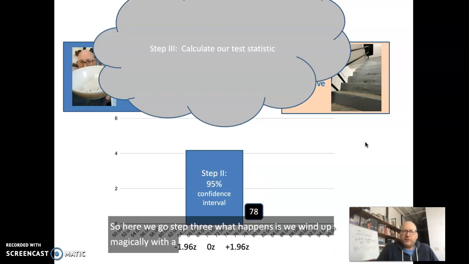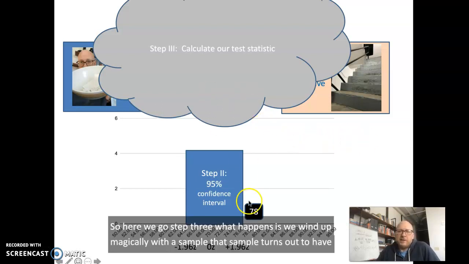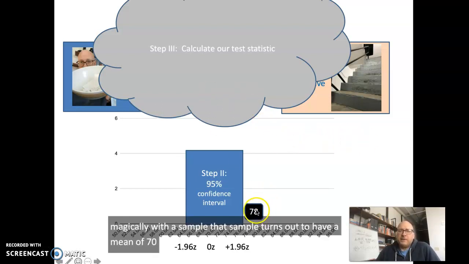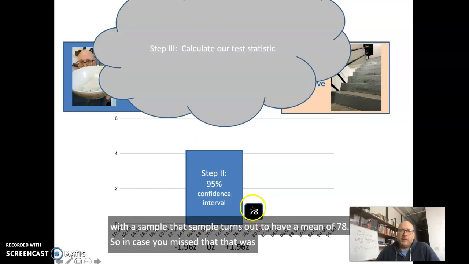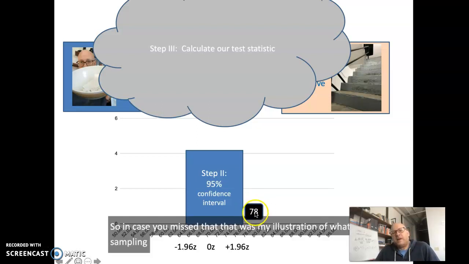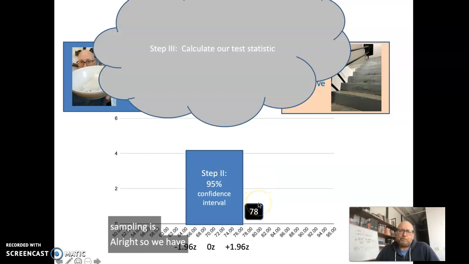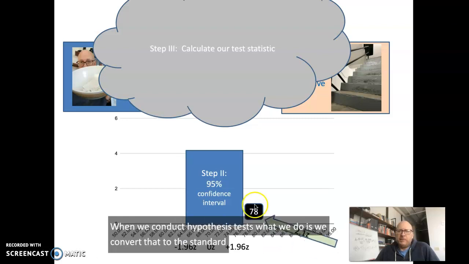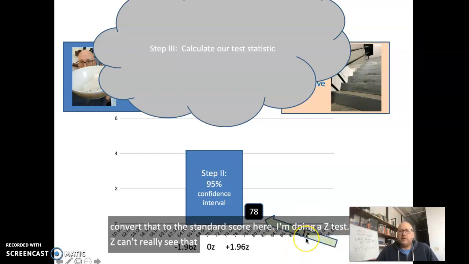That sample turns out to have a mean of 78. So in case you missed that, that was my illustration of what sampling is. All right, so we have 78. When we conduct hypothesis tests, what we do is we convert that to the standard score. Here I'm doing a z-test. The z, can't really see that behind the subtitles, is 2.1 z. The critical value is 1.96 z.